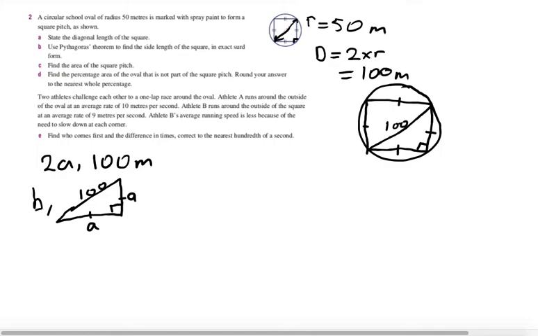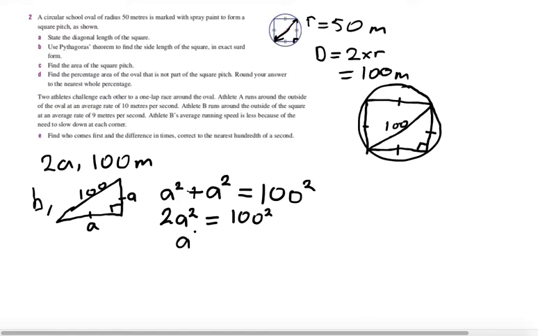So therefore, from Pythagoras, we know that A squared, which is this length here, plus the other side, which is this length here, which is also called A. So A squared plus A squared equals the hypotenuse squared, which is 100 squared. Collect the like terms, so A squared plus A squared is 2A squared, equals 100 squared.